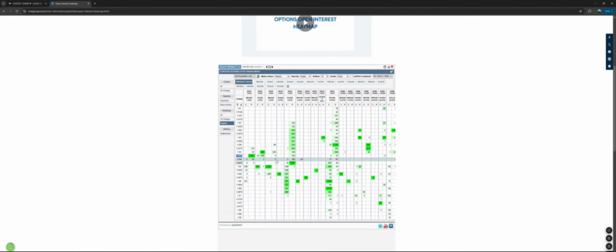So let's look at something around 1.05. Look at 1.05. There are 2,261 call contracts, which are buy contracts, around this price, and then we have 363 sell contracts around those prices.